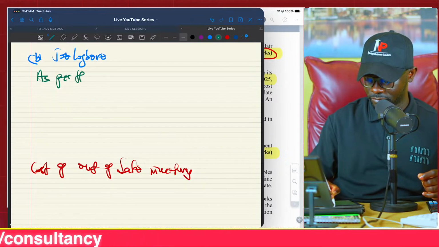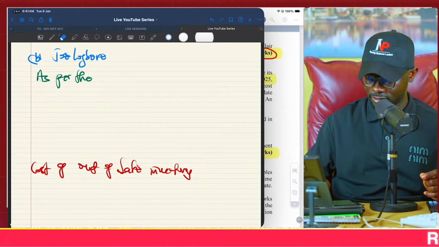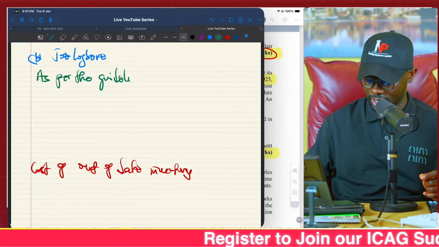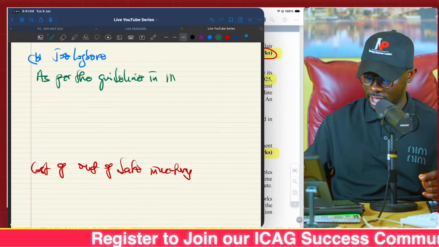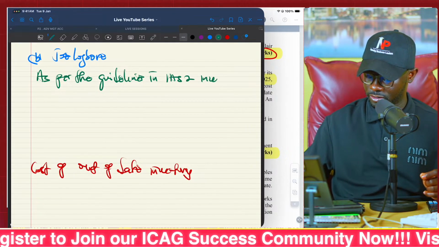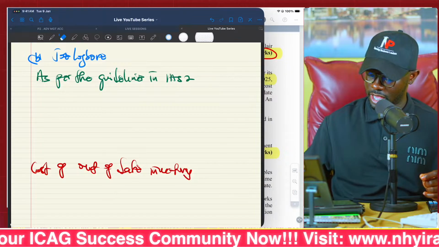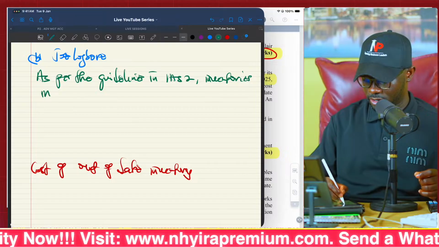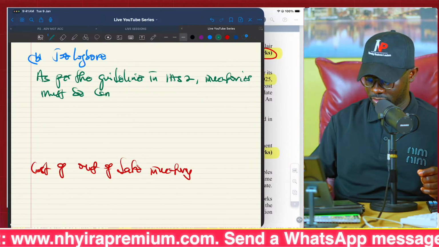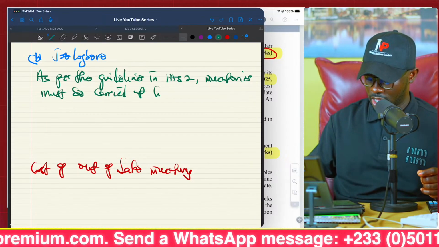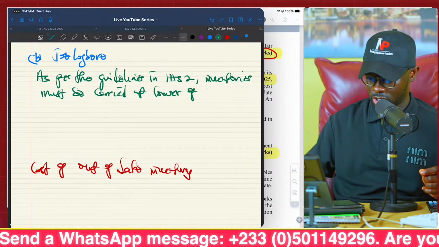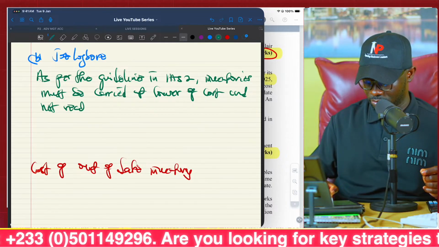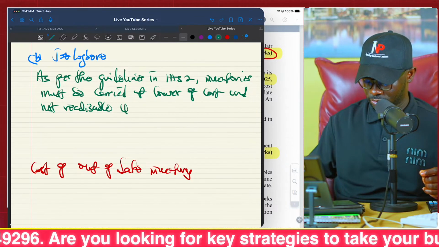As per the guidelines in IAS 2 Inventories, inventories must be carried at lower of cost and net realizable value.